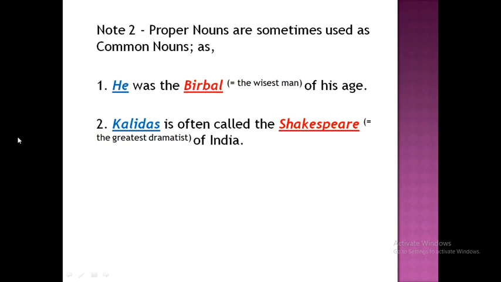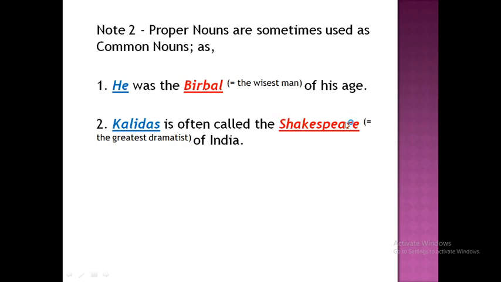But what we did in these both sentences, he was the Bible. We are giving the example of he with the kind of person who was very much wise in his era. So Bible is used as an example of intelligence.